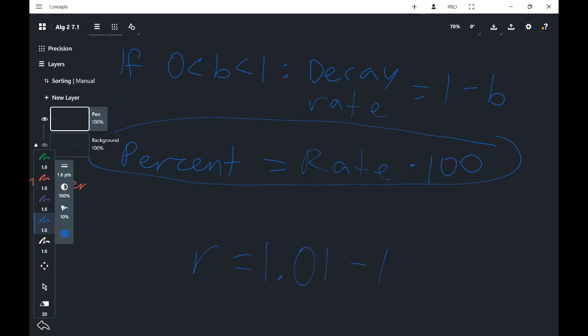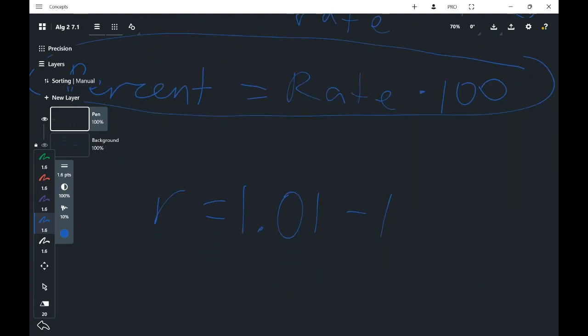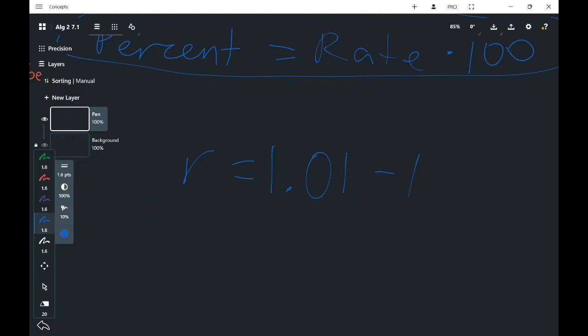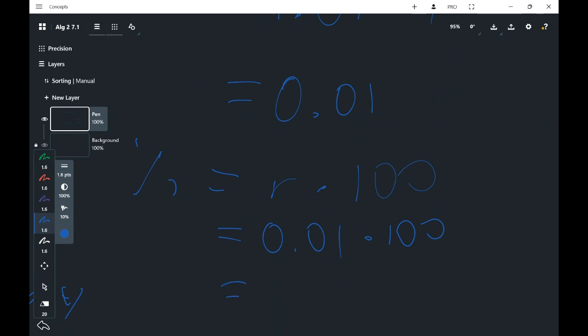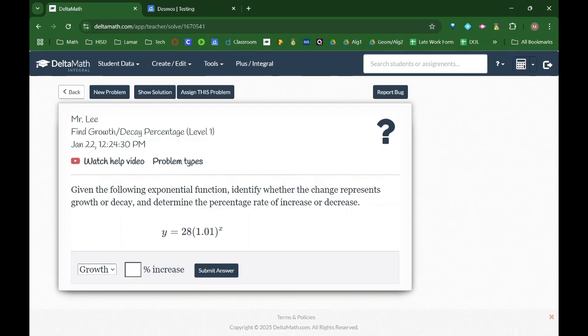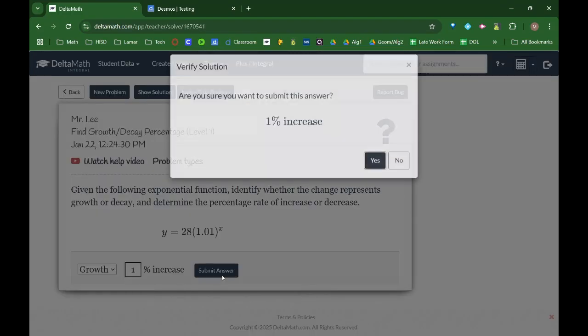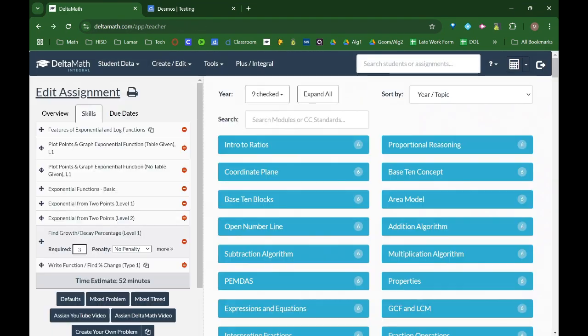If it's smaller than 1, we subtract it from 1. In this case, it's 1.01 minus 1. The rate is 0.01. Remember, we want to convert this to a percent, so we multiply the rate by 100. So it's 0.01 times 100, a meager 1% increase. And that's how we do these problems.